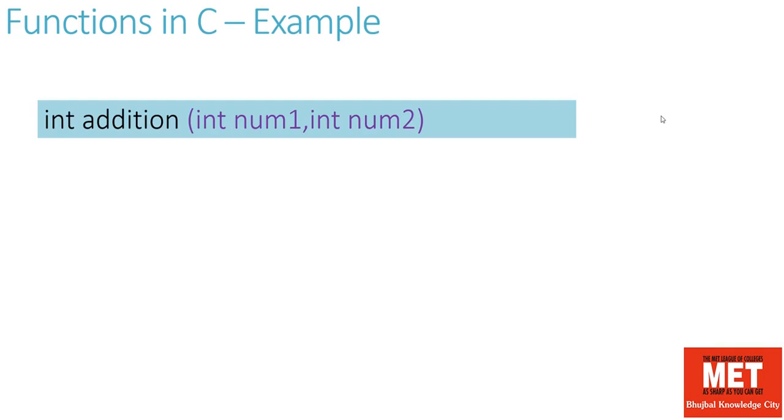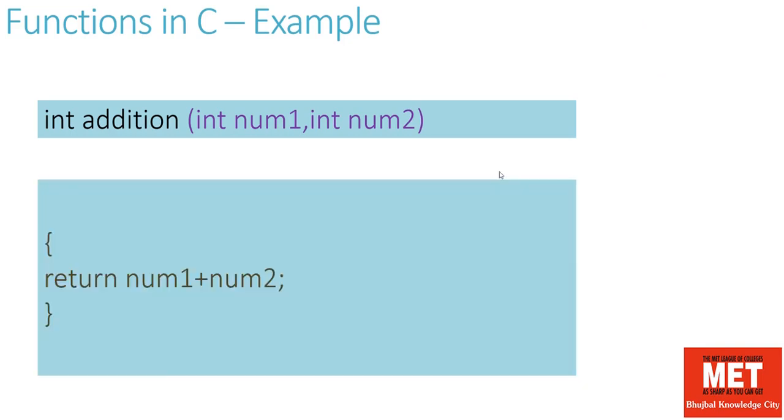I'm giving this function name as addition. I'm passing two parameters, num1 and num2, both of integer data type. Since I'll be performing the addition and I want to return the added value, the return type for the function defined is int. The body of the function will include return num1 plus num2.